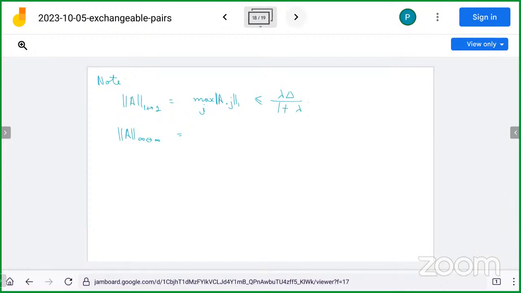For the infinity norm, the Holder conjugate is the dual, and that's what Holder's inequality says, with equality when vectors are parallel. So this will become the maximum row sum.